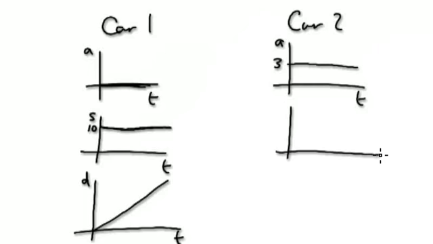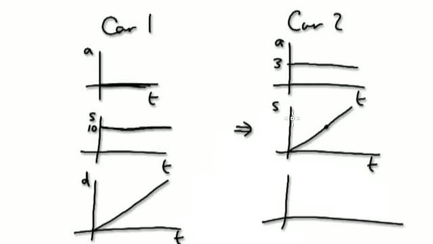That means the speed time graph will look like this. The gradient of this line is 3. When a speed time graph is a diagonal line like this, the distance time graph will be a quadratic.